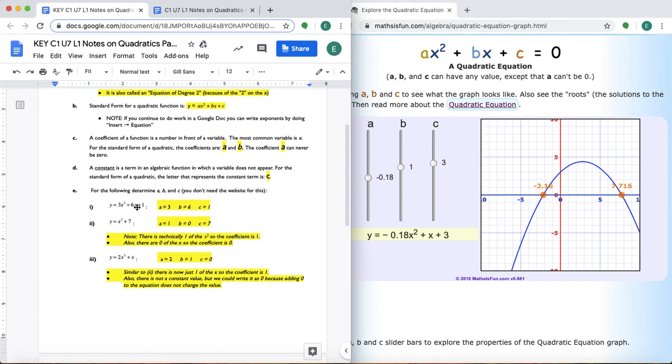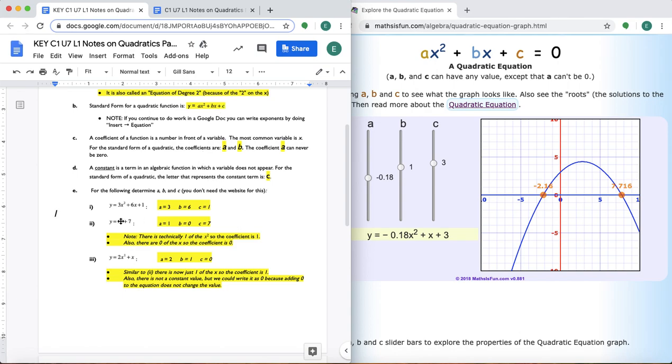My b is going to be 6 because it's 6 times x. B always goes with the singular x variable. A goes with the x squared, b goes with the x. It's kind of like you're going down: you go x squared, then x, and then nothing. And with a, b, c, we're going up in the alphabet. So there are patterns here that you want to recognize.